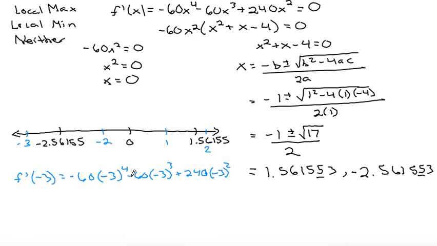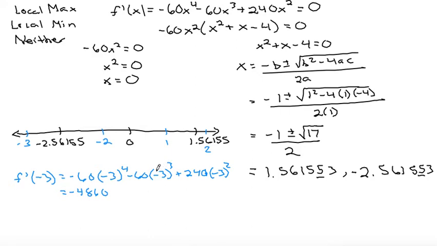Okay, so we don't really need to know what this number is, we just need to know if it's positive or negative. This first number would be -60 times 3 to the power of 4, which is -4,860.